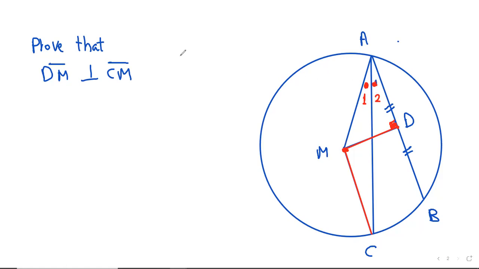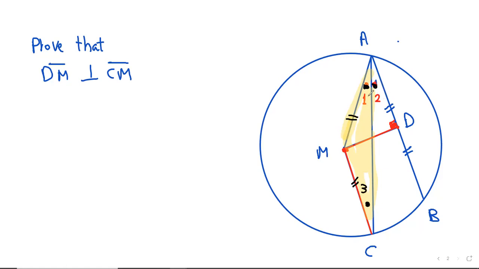If we look at this triangle, here I'm going to color it in yellow. Focus on this triangle. Here we have a radius. MA is a radius and MC is a radius. So this triangle is an isosceles triangle. So the size of angle 1 is the same as the size of angle 3.